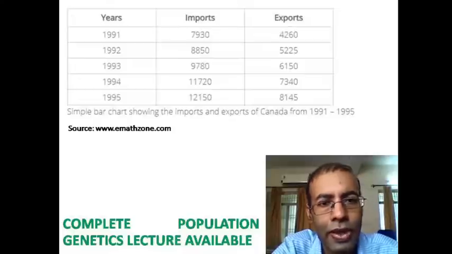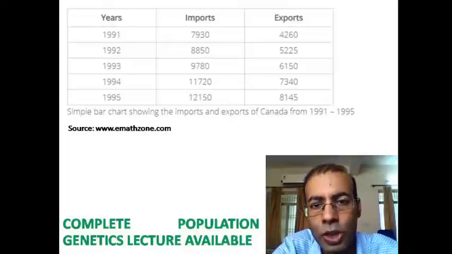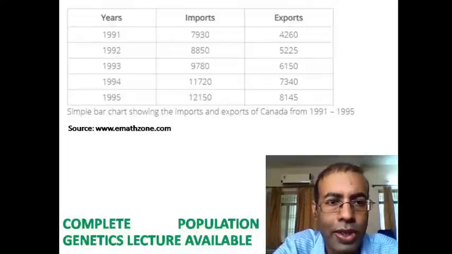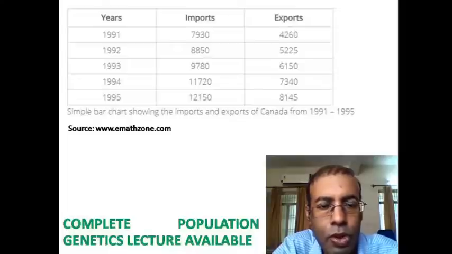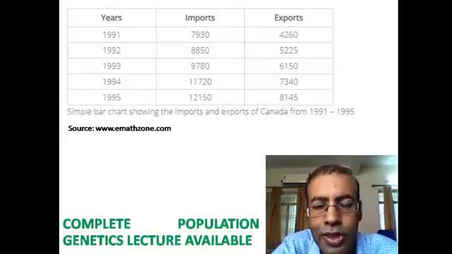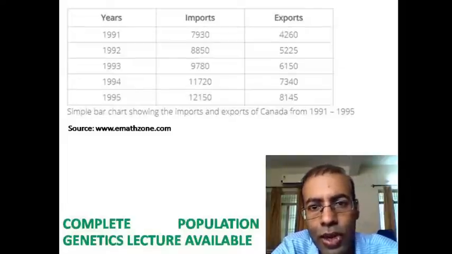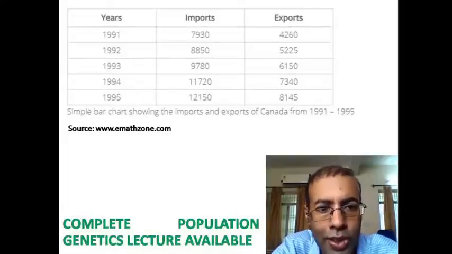So here we try to show year-wise expenditure on imports and year-wise export values. So in 1991 the import value is 7,930 and the export value is 4,260.